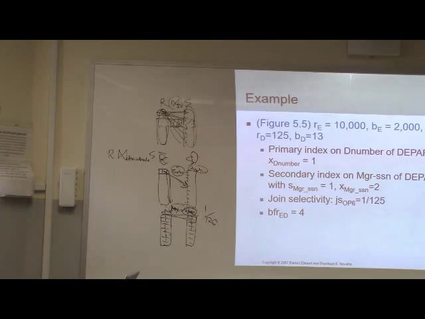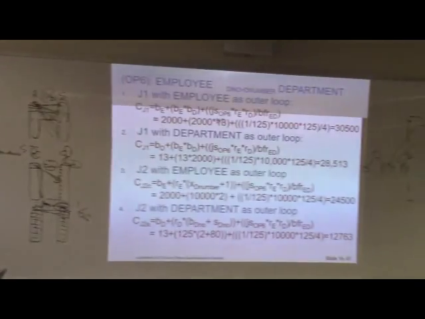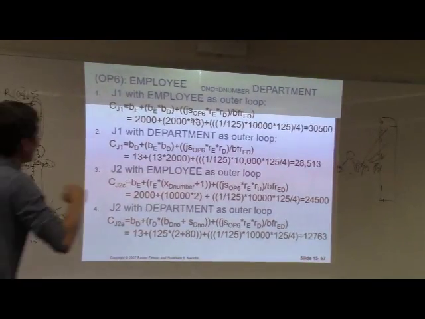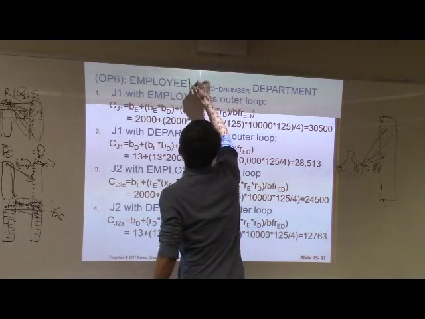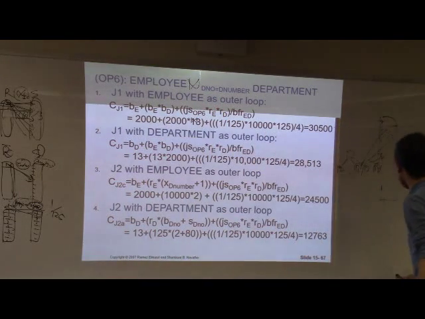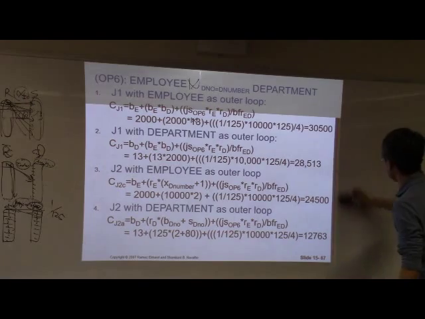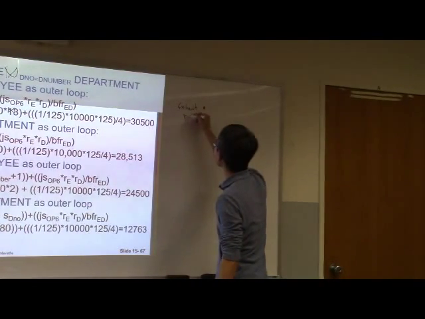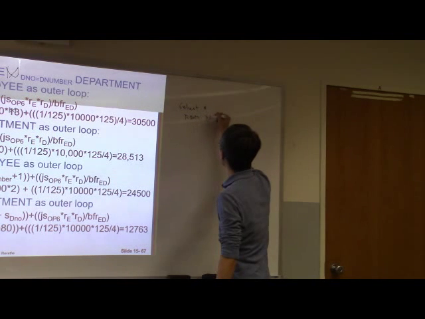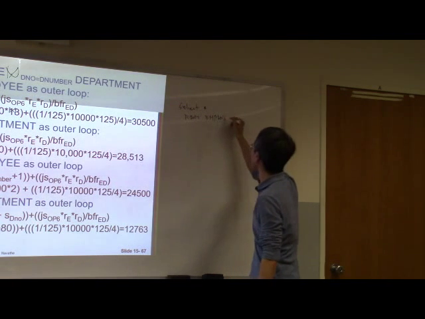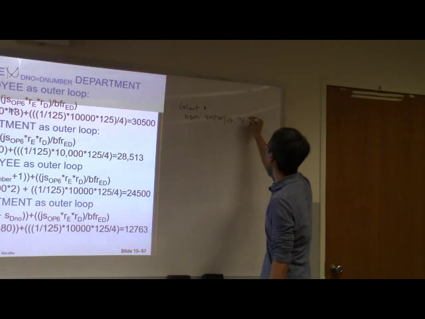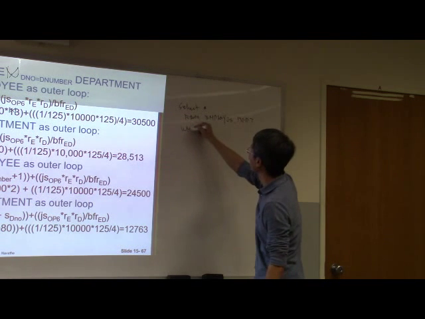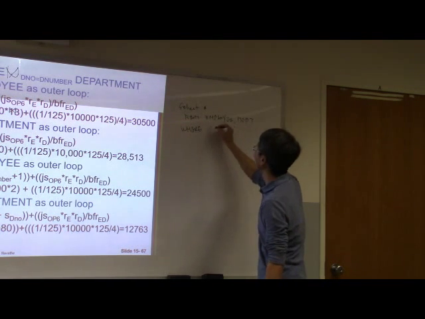So using this information, we are going to optimize this query. So this is a query like: select from employee, department, where DNO is equal to D number.